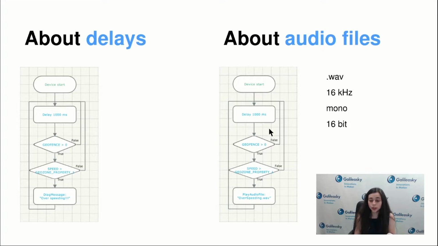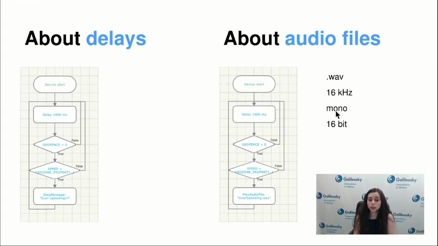The next important moment is when we are talking about work with audio files. You need to have a particular audio file format. Very often we get requests to our technical support that I connected everything and audio is not working, and we check the format of the audio file and it is wrong. So please remember that it should have a particular format, particular frequency.